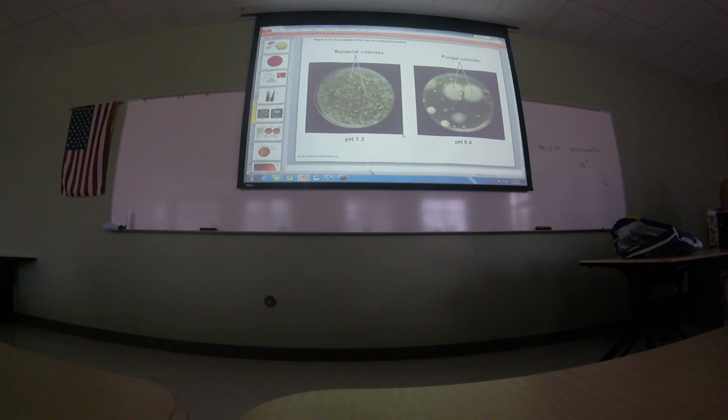Selective medium means it's got ingredients in it that help one kind of organism grow and inhibit another kind of organism. So as you can see, at a higher pH, is higher pH more basic or more acidic? More basic. And 7.3 is actually neutral, like our tissue fluids.